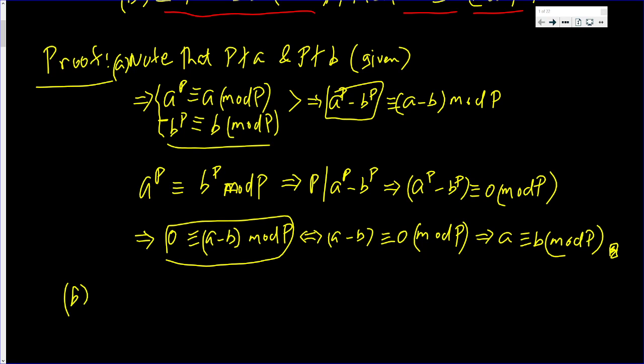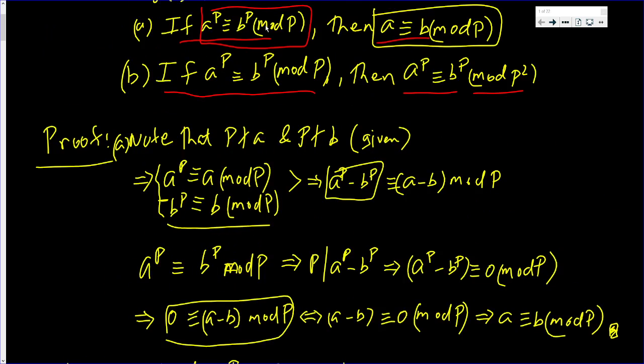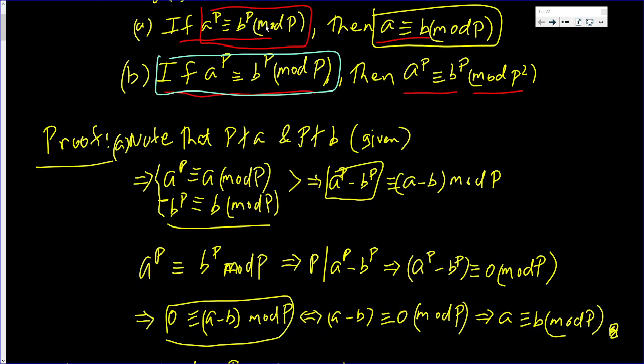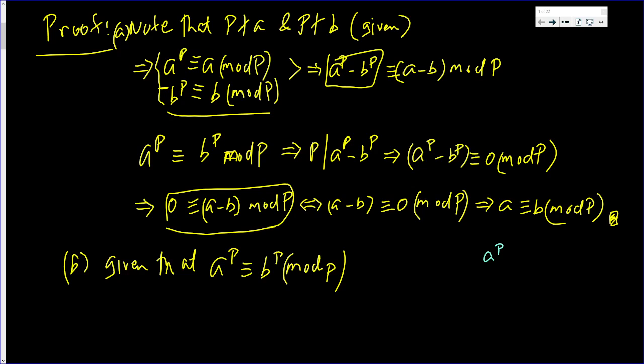Now for b, we're still given that a to the p is congruent to b to the p modulo p. This is what we are given, and we want to show that a to the p is congruent to b to the p mod p squared.